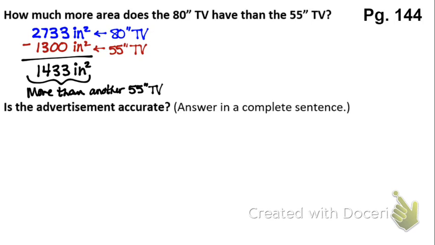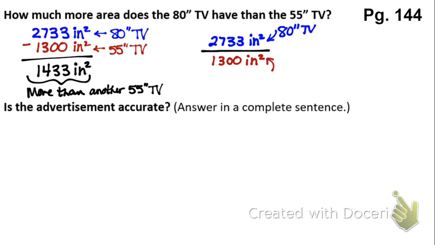I'm going to do what you suggested and divide them. 2,733 inches squared divided by 1,300 inches squared. Here's our 80-inch TV, our 55-inch TV. What would cancel out between the top and the bottom? Inches squared is going to cancel out.